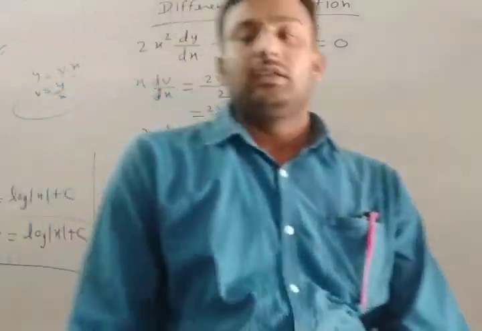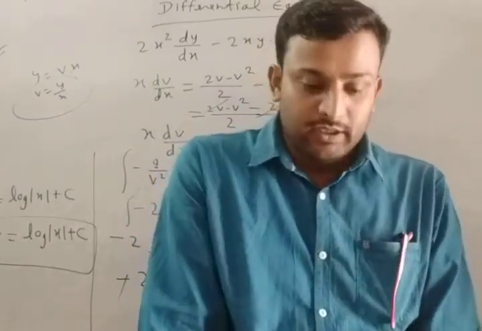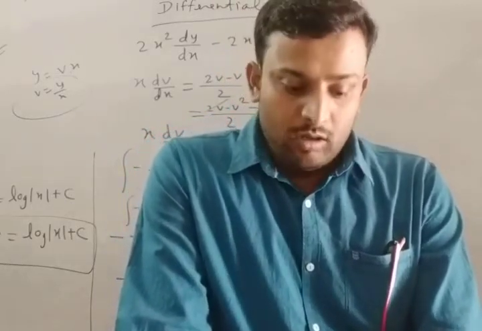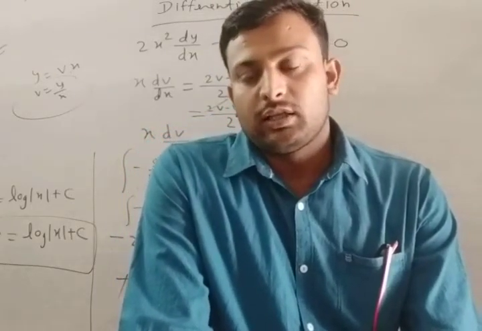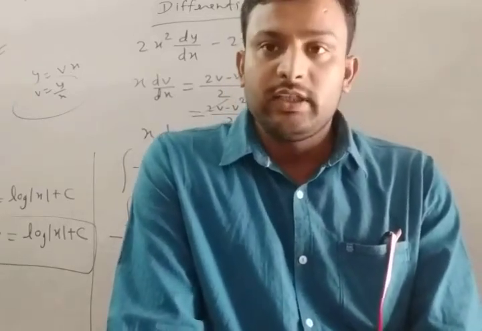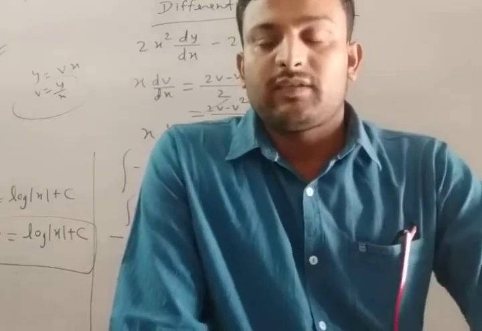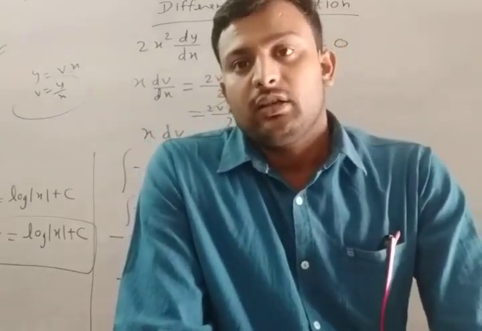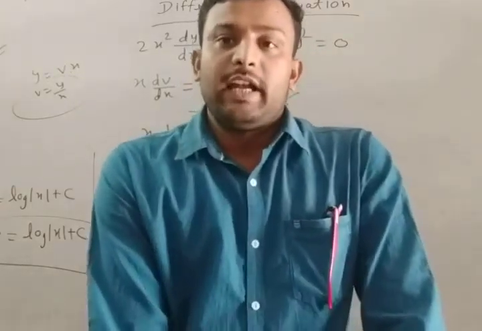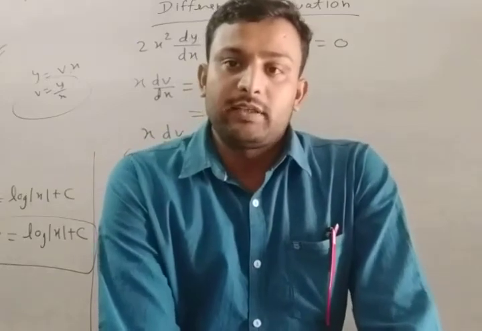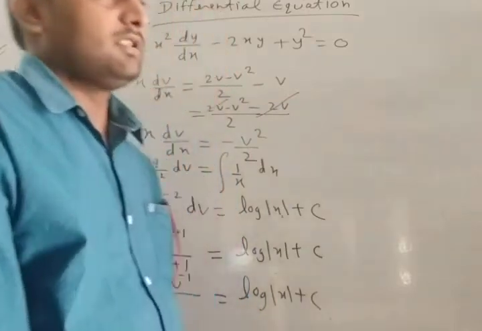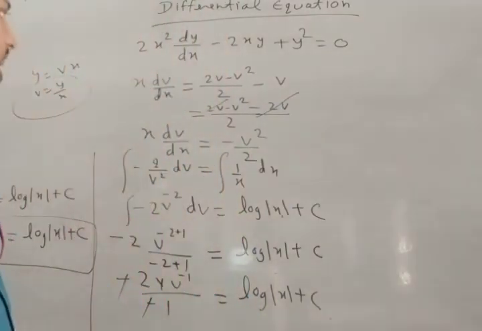First, what we have done, we have checked which type of form the differential equation is. We have checked that the order of the denominator is same as the order of the numerator, so our differential equation will be a homogeneous differential equation. The method of solving a homogeneous differential equation is, we first suppose y is equal to vx and then differentiate, dy by dx is equal to v plus x dv by dx, and we put these in the differential equation.